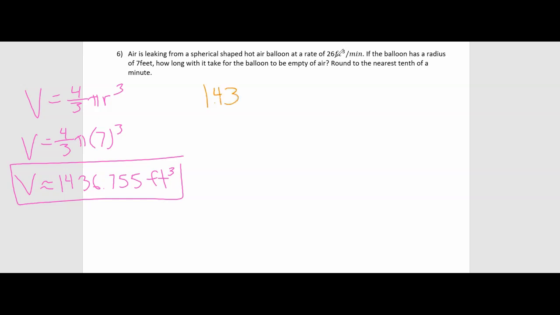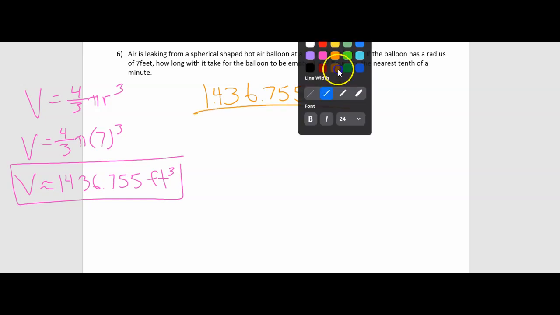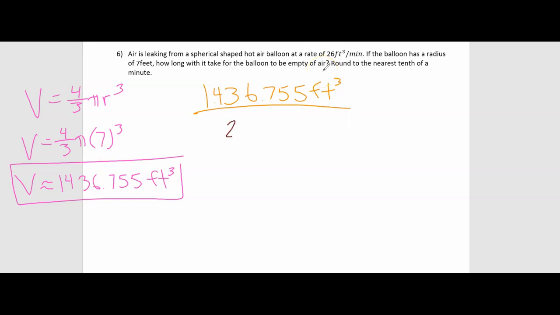So I get 1,436.755 cubic feet, and I'm going to divide by 26 feet cubed, or cubic feet per minute. So the numbers are very easy to divide, right? No problem. Let's do that. We get 55. This is nearest tenth, 55.3.